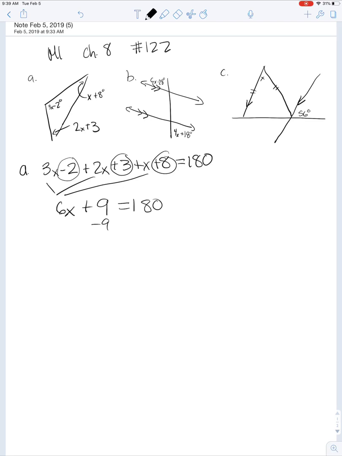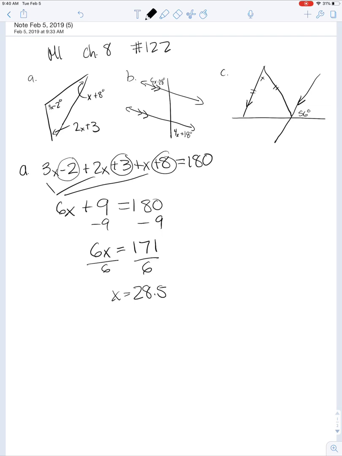Now we're going to subtract 9 on both sides. 6x equals 171. Divide by 6 on both sides. x equals 28.5. Okay, so then you could plug that back in and double check that that in fact does add up to 180 and that you didn't make any silly mistakes.